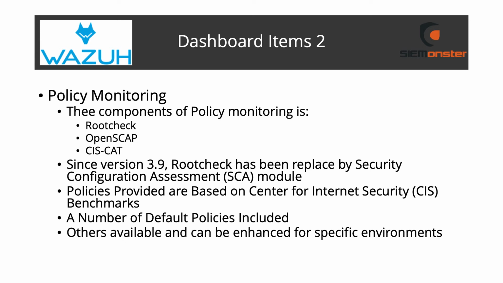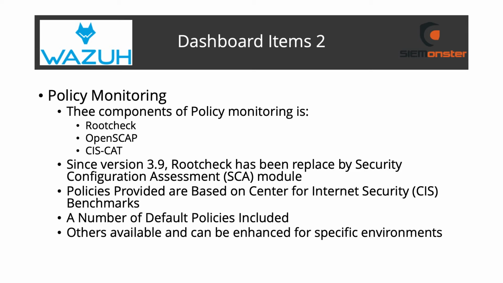Policy monitoring consists of three components: Rootcheck, OpenSCAP, and CIS-CAT. Since version 3.9, Rootcheck has been replaced by the Security Configuration Assessment (SCA) module. However, it still lists Rootcheck as the functional component if you go into the lower level system.